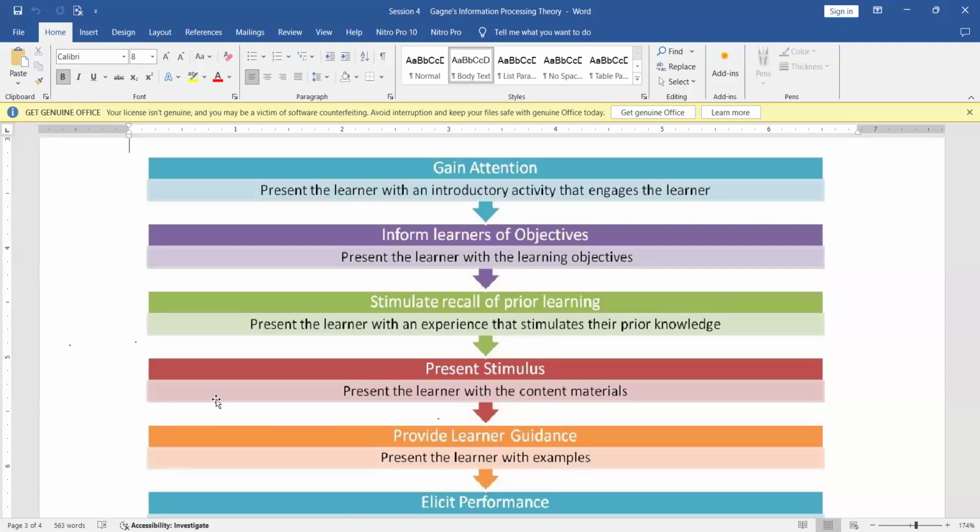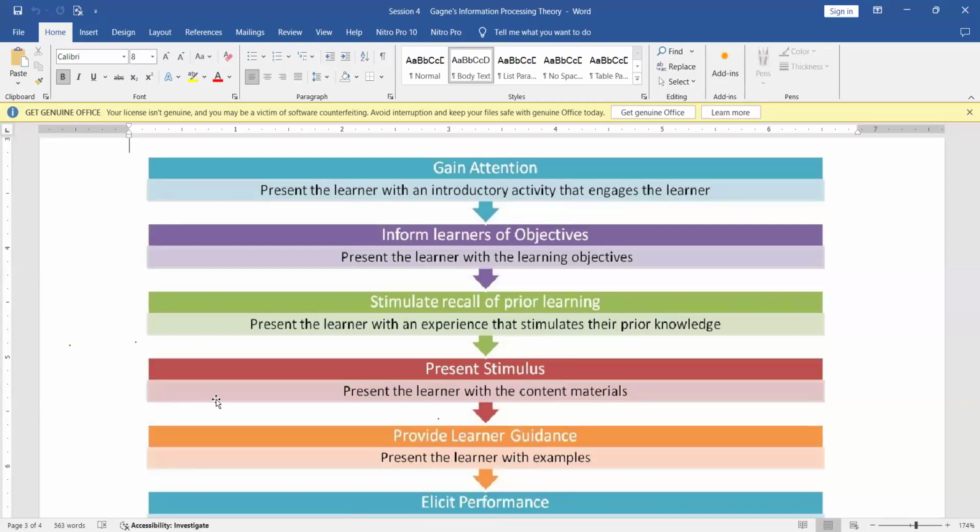Now we know we receive a lot of sensations from the 5 sensory organs, but we can't pay equal attention. We pay selective attention. And when the information is presented, if you don't get the learner to pay attention, what will happen? They are lost from the sensory memory itself without passing on to the short term and the long term.